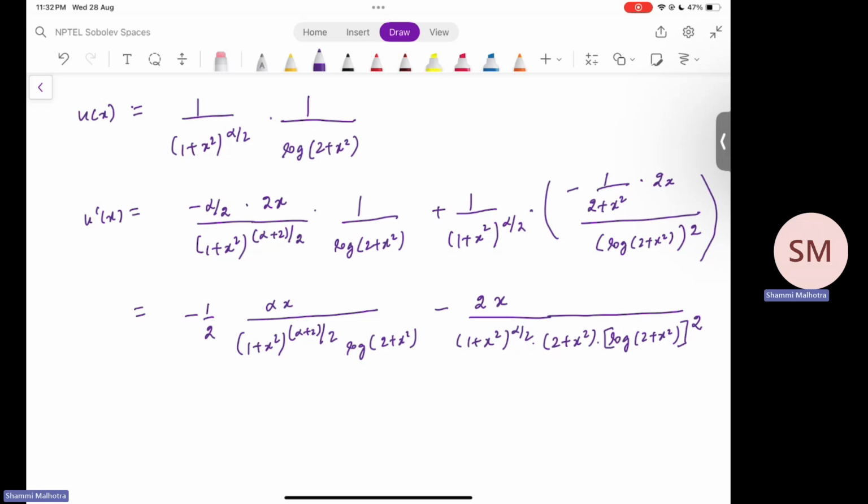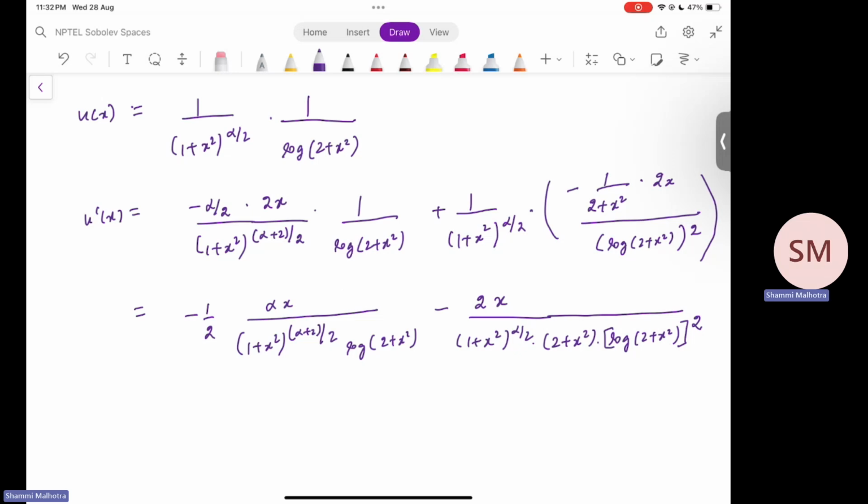So one thing is clear for sure, that this is again a bounded function, because alpha is between 0 and 1. So it's like the first term we have x, and then in the numerator and the denominator it's 1 plus alpha by 2.